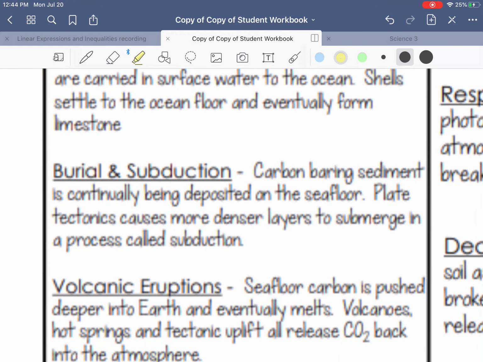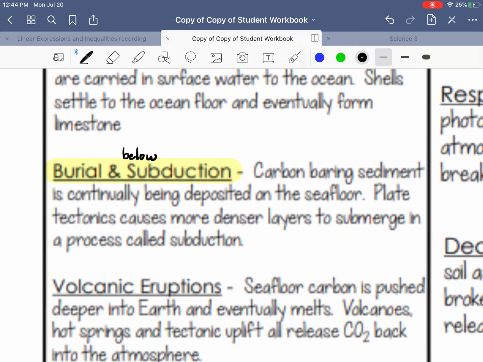Two more terms: burial, which you probably have heard of, and subduction. Now when you think of sub, think of below or under. Anytime you're seeing sub, think of below. So burial, we know what that is.